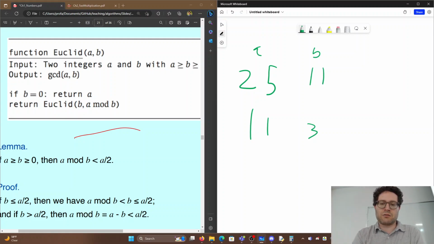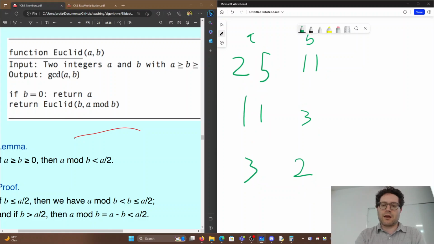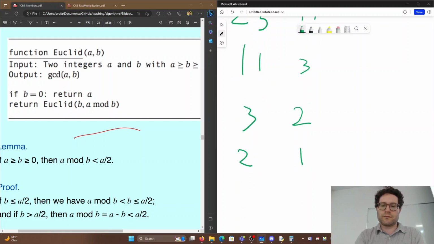No, it is not, so we write down 3 over here, and we do 11 mod 3. 11 mod 3 is almost 12. It's 1 away from 12, so it's got to be 2. Is B 0? No, it is not, so we compute 2 over here, and then we do A mod B, which gives us 3 mod 2, which gives us 1.